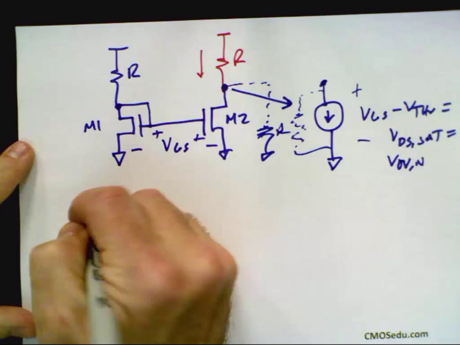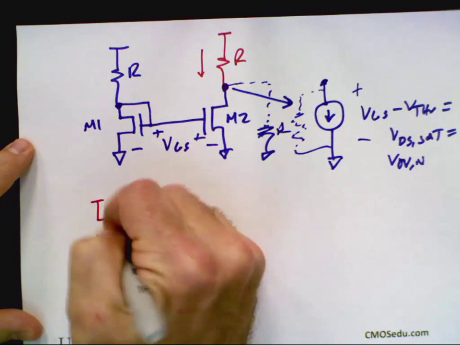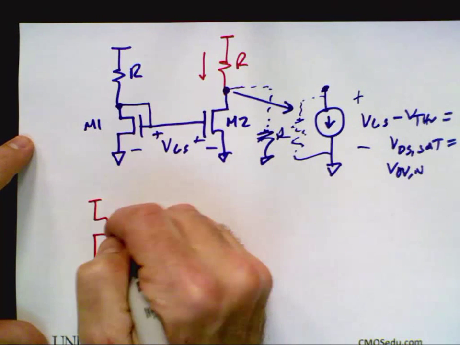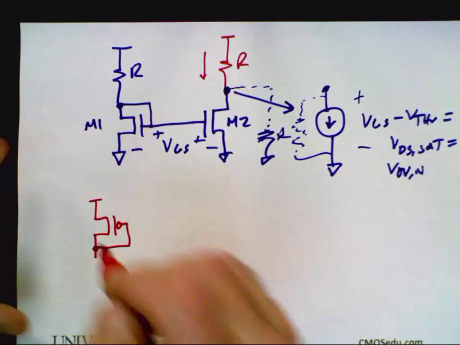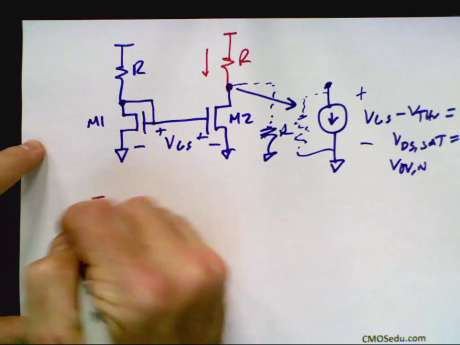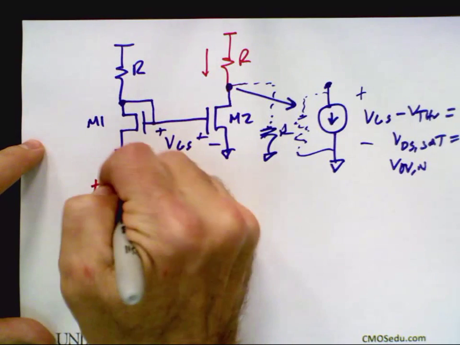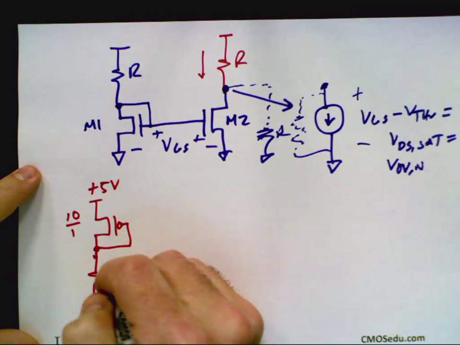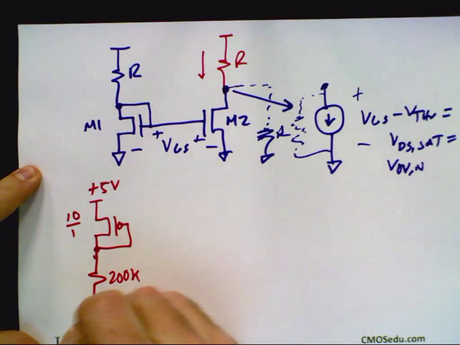Okay, so here we go. I build this on the chip. And if you took 421, 621, you know how to do this already, all right? So let's just say using this process, I have a 10 micron by 1 micron device. This is 5 volts. And let's say that I put a resistor here of 200K to ground.